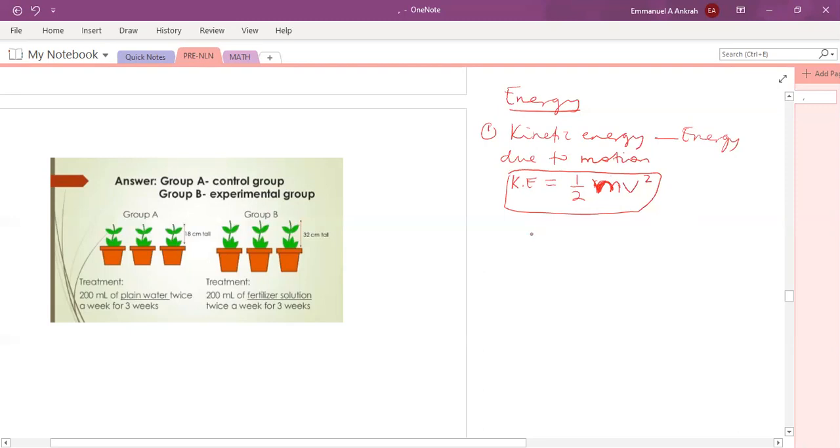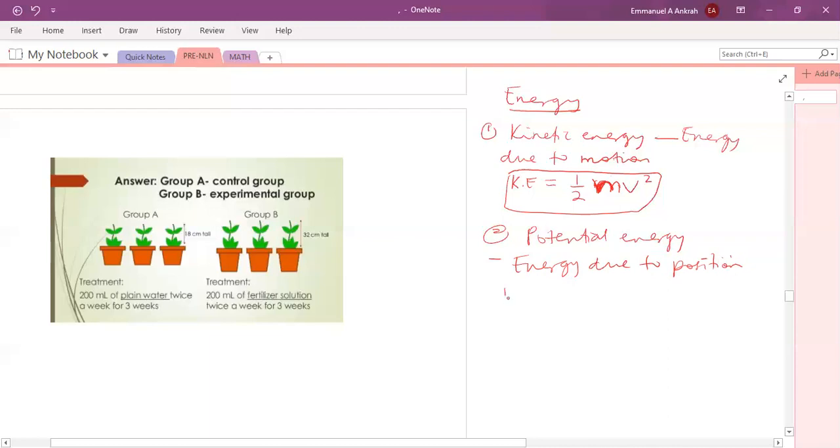So if something is moving, it has kinetic energy. And then two, the other one is potential energy. Potential energy is energy due to the position of the object. In other words, if something has a height above the ground, then it has potential energy. Okay.